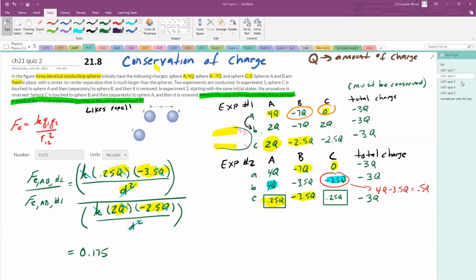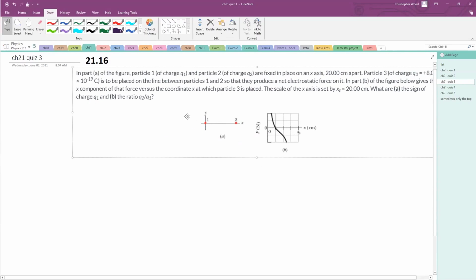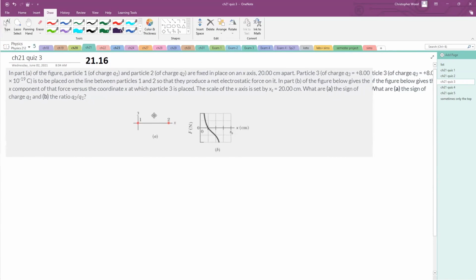As of now, I think you should see chapter 21, quiz 3. And it should look like this. Okay. And actually, we're going to use real charge values.